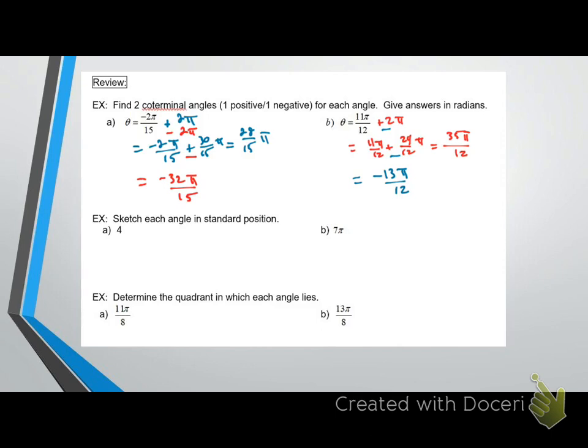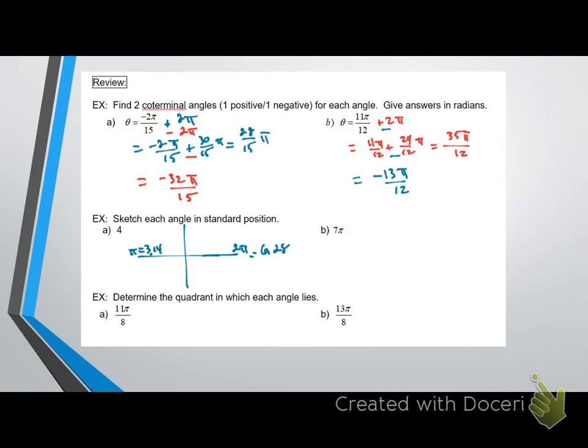Okay? Sketch each angle in standard position. Again, stop the video and try A and B. Once you've got them both, start it back up and see if you're right. Okay, for 4, remember it's not a radian. We have to sort of figure out, in terms of pi, our quadrantals, right? So since this is pi, this is 3.14. This is 2 pi, so this is 6.28.